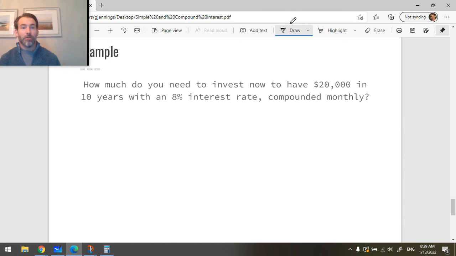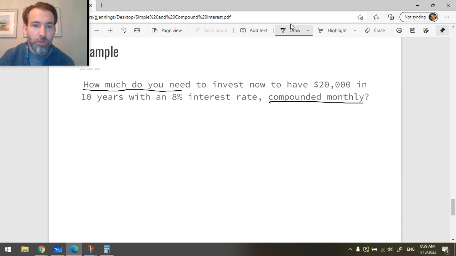Okay, how much do you need to invest now to have $20,000 in 10 years with an 8% interest rate, this time compounded monthly? Okay, so let's do our work here. We are now solving for how much you need to invest. That is what we want to find.